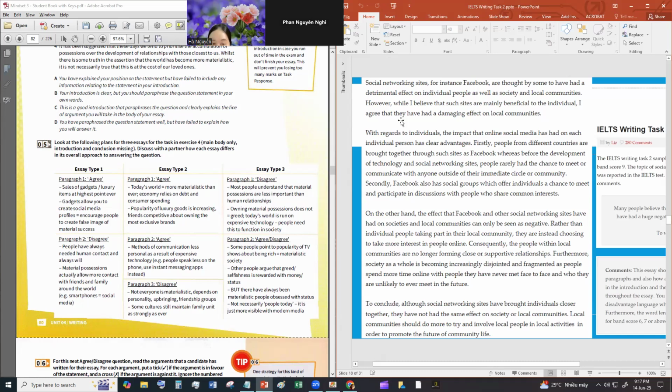But if you do that well, all of these types are possible ways to answer an opinion essay: 1, 2, and 3, all of them. Okay, so what type is most similar to Miss Liz's essay? It's type 1. Okay, now, if it's type 1, body paragraph 1, which side is it? Disagree or agree?